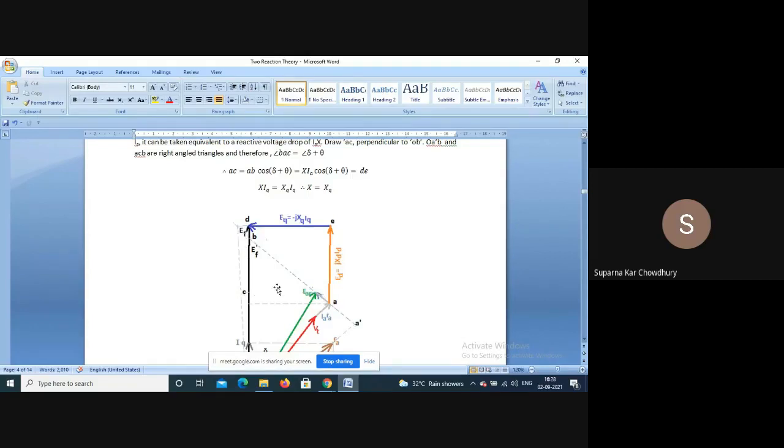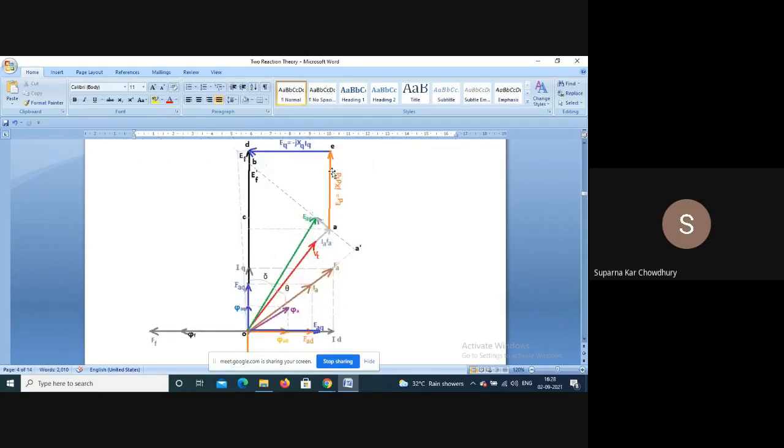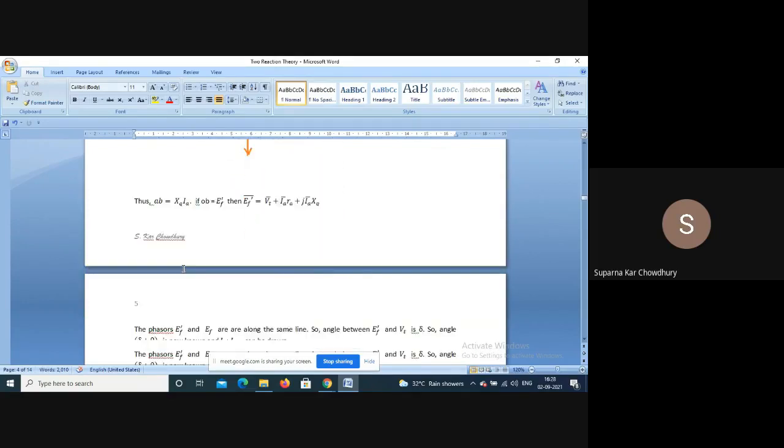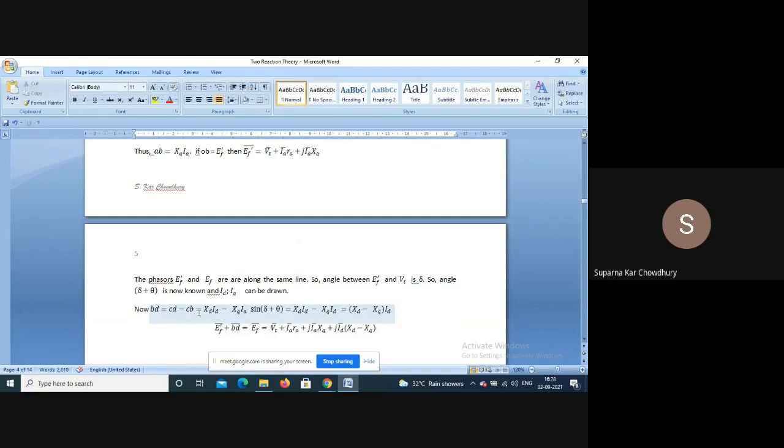Ia sine of delta plus theta is Id. So this is XqId and this is XdId. So our BD is equal to AE minus CB, which is equal to XdId minus XqId. So it is Xd minus Xq into Id.